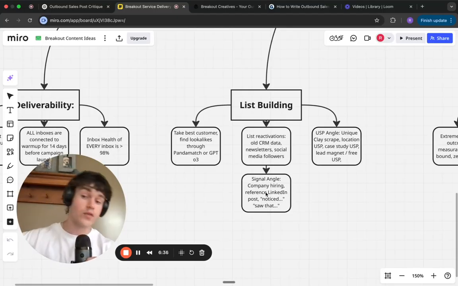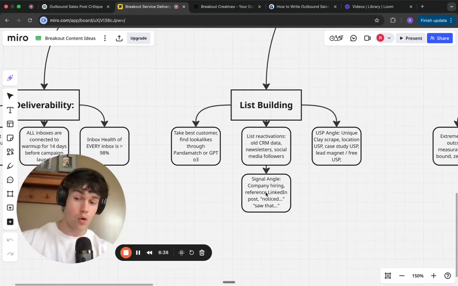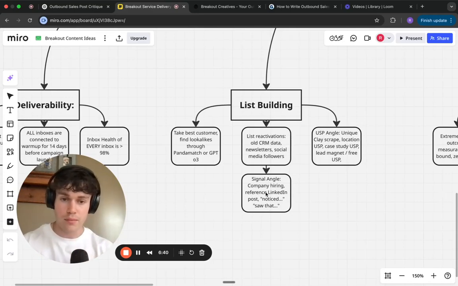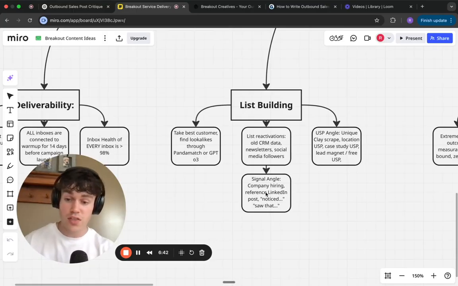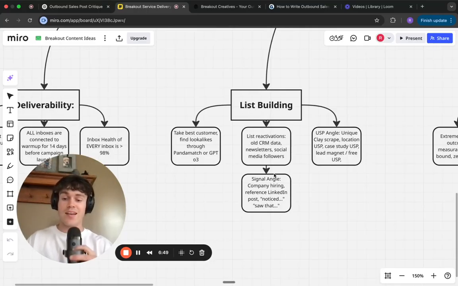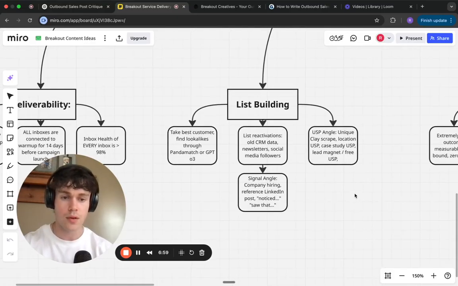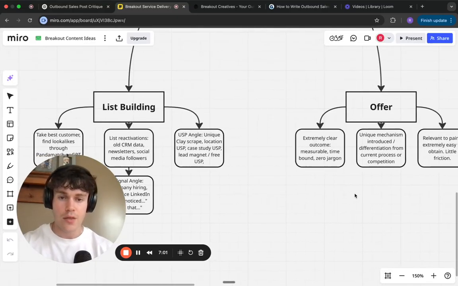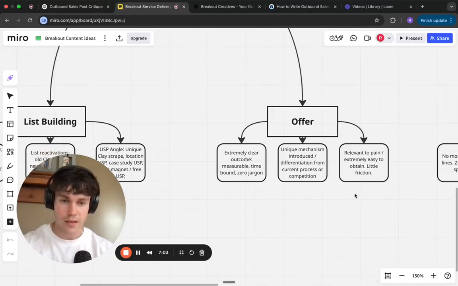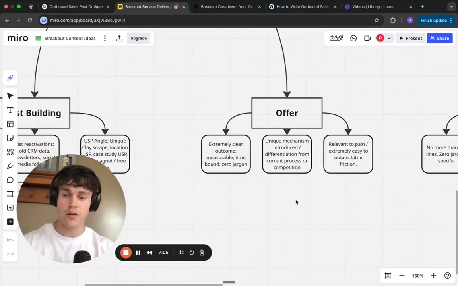If it's somebody's first time in a role, or they've only been in the role for a few months, there's a lot of stuff you can do there. But these four campaign ideas, in my opinion, you can exhaust so much. If you do the proper data scraping, it should be pretty simple to run campaigns with these ideas for an extremely long time.